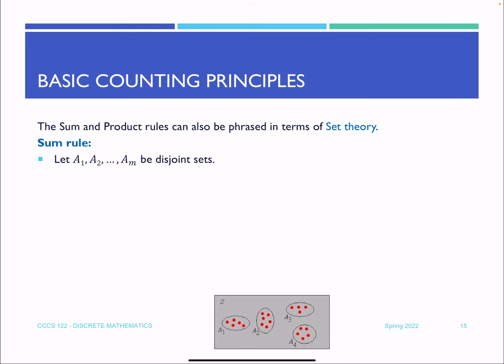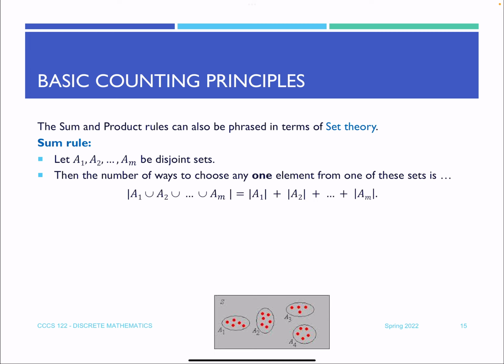The sum rule, for example, assumes that we have m different disjoint sets, meaning sets that do not overlap, and the number of ways you can choose one element out of these sets is equal to the cardinality of the union set of A1, A2, A3 all the way up to AM.